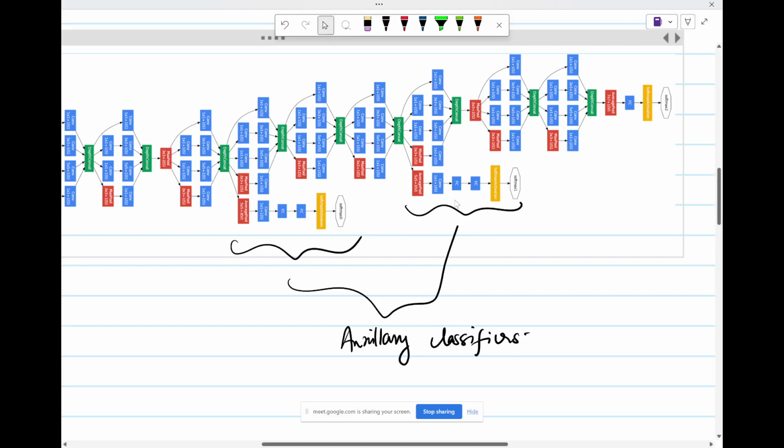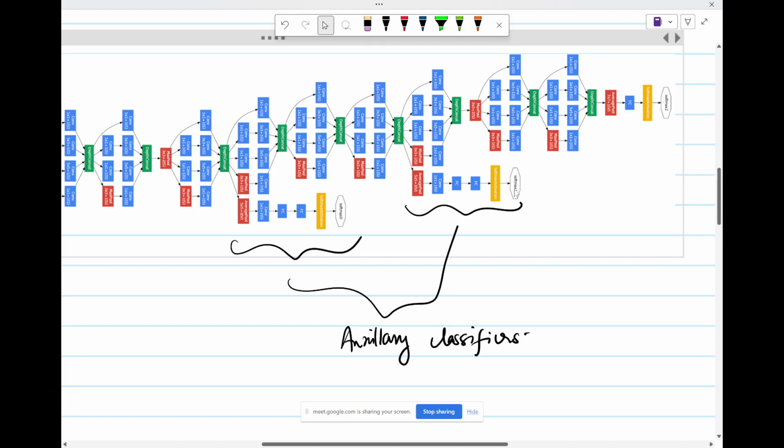So in the previous models that we saw, we had one classification layer in the final layer of the deep learning model, which gives you the labels as to which of the classes the image belongs to. Now here we have some classification layers in the intermediate part of the neural network, and this will also predict the same thing.